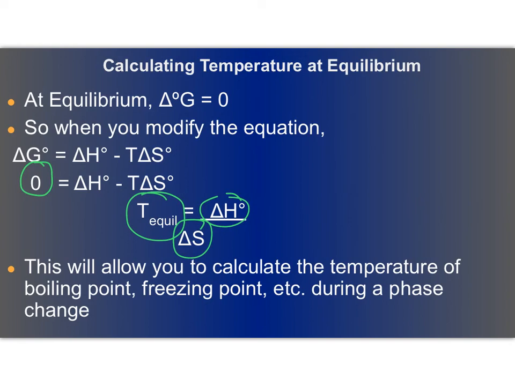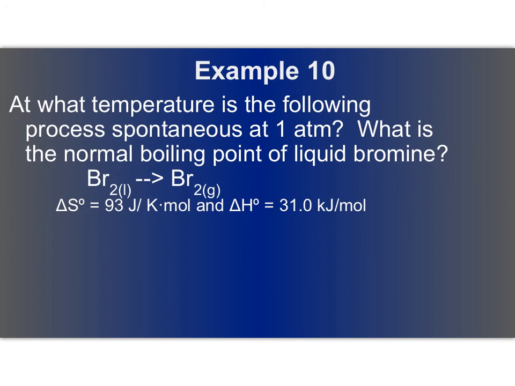So this equation, the Mama equation, which you see right here, will allow us to calculate the temperature of boiling point, freezing point, melting point, or condensation point during a phase change, as long as we remember that when we're at a phase change, we are in equilibrium and delta G is equal to 0. Example 10 shows us how this is done.